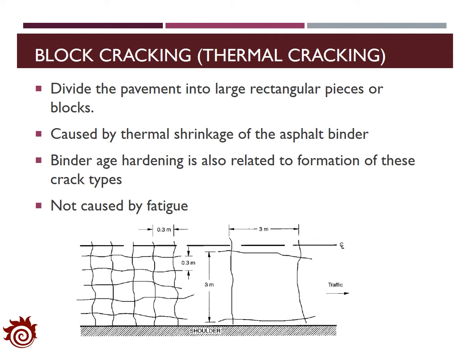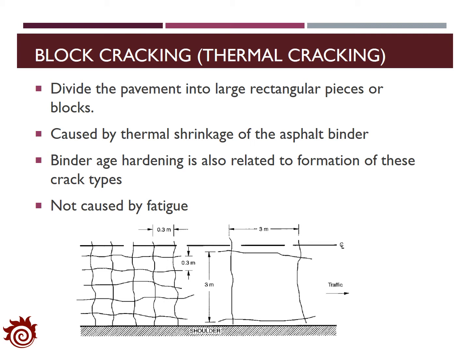The next type of cracking is the block cracking, which is also called thermal cracking. It will divide the pavement into larger rectangular pieces or blocks. Usually it's caused by the effect of temperature changes, especially the thermal shrinkage of the asphalt binder, or the aging of the binder layer will also increase the formation of this block cracking.